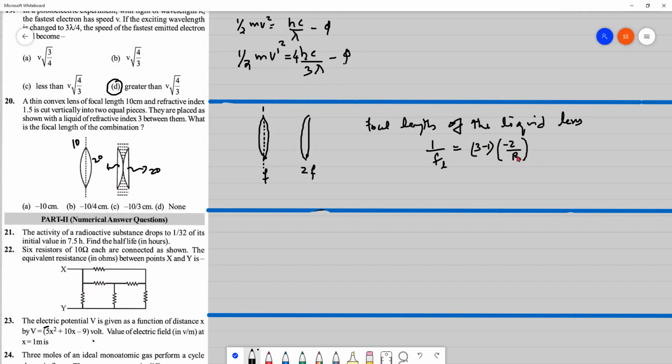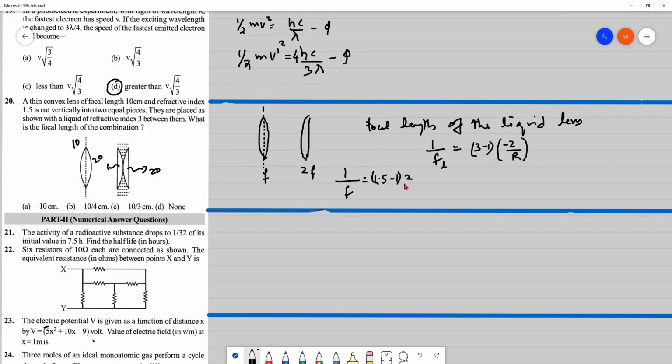You don't know this r, but you can find r from this lens. For this lens, 1 by f is equal to (mu minus 1) into 2 by R, where mu is 1.5.